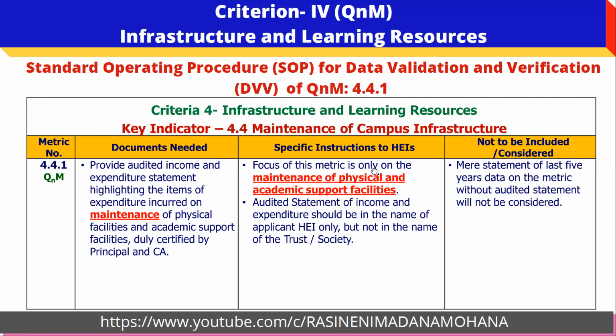Focus of this metric is only on the maintenance of physical and academic support facilities. Audited statement of income and expenditure should be in the name of the college or institution only, but not in the name of trust or society. If we include only the statement of last 5 years data on the metric without audited statement, this can't be considered. So these are all the SOPs of 4.4.1.